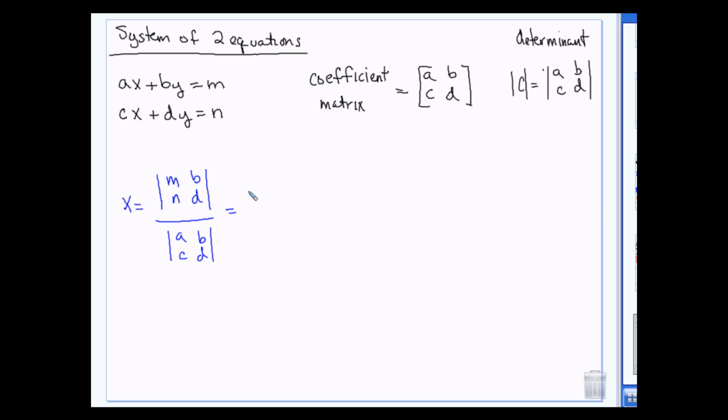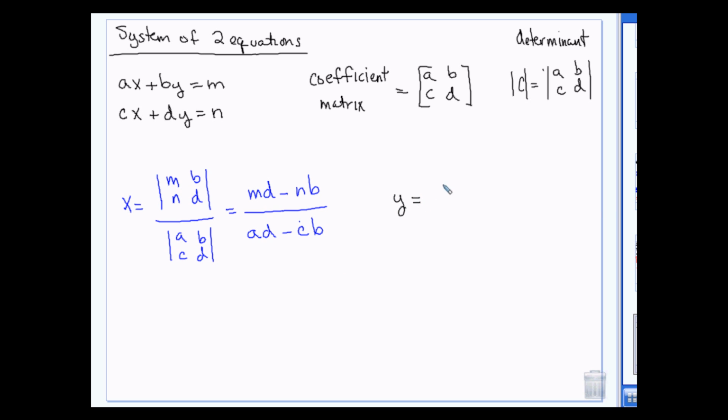Okay, so actually what that equals is m times d minus n times b over AD minus CB, or BC. Doesn't really matter. But it's the same cross multiplying. So if you do the cross multiplying and subtracting and then you divide, that's what x equals.